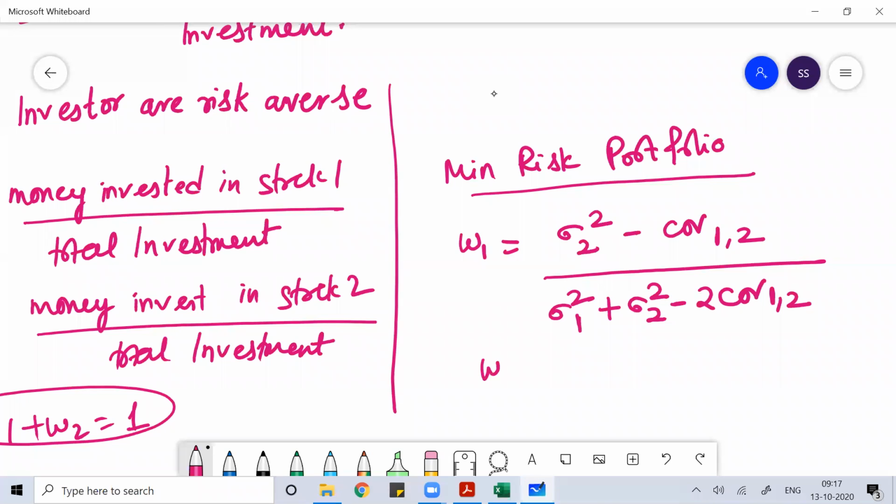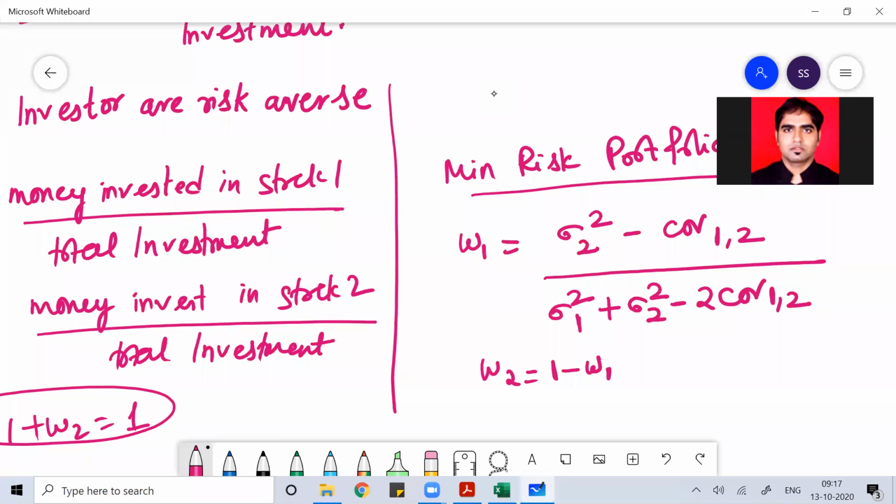Then the weight of money in stock B is 1 minus the weight of money you put in stock A.